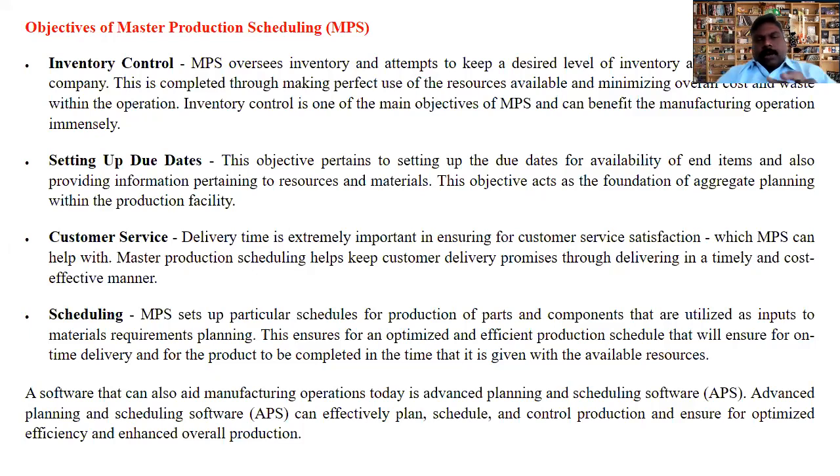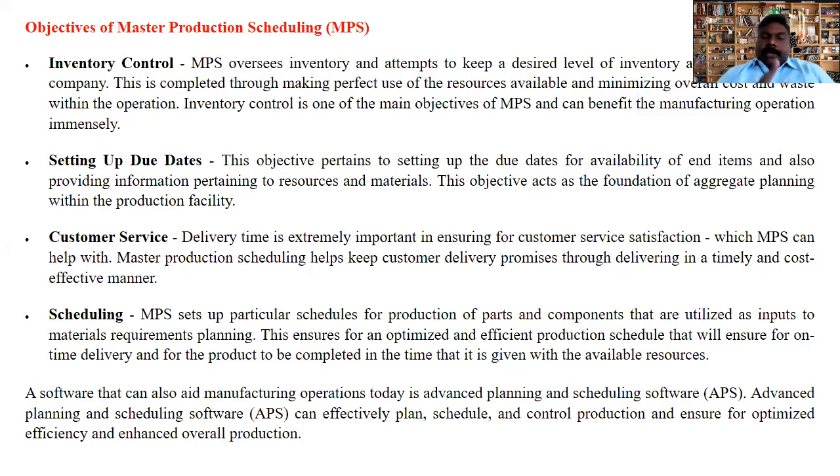This ensures an optimized and effective production schedule that will ensure on-time delivery. See, for example, if that vehicle had not come one day earlier to that particular dealer, he would not have delivered that product in time.